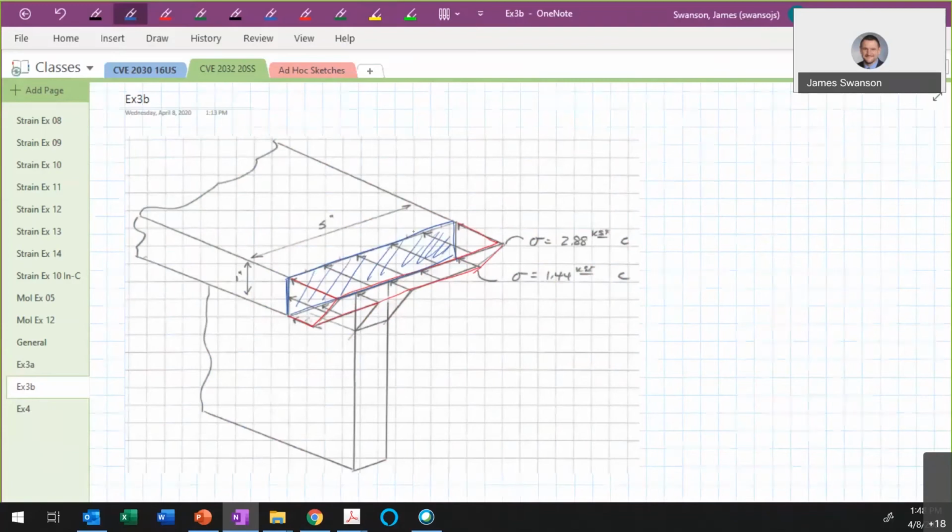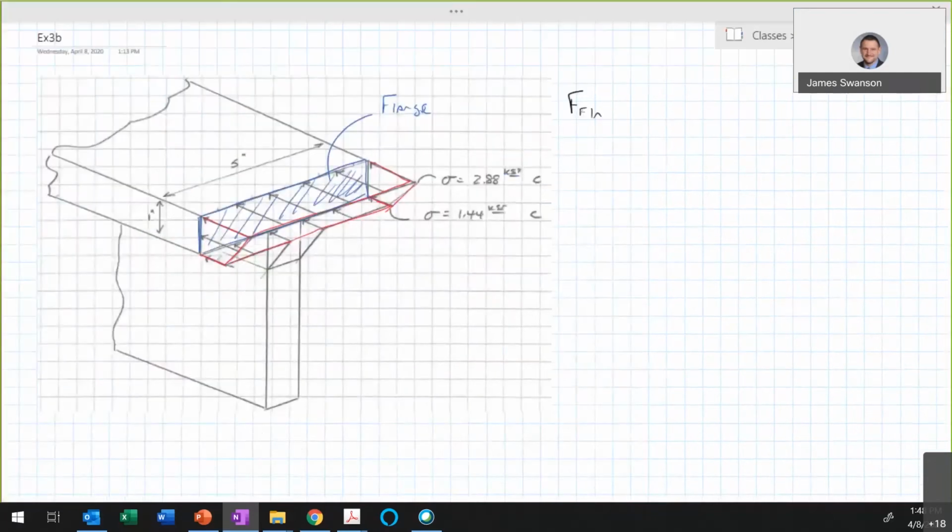How much force is carried by the flange? The magnitude of the force carried by the flange is equal to the volume of this stress block. So we could say that the force carried by the flange is equal to the volume of the stress block. Stress block, stress wedge.